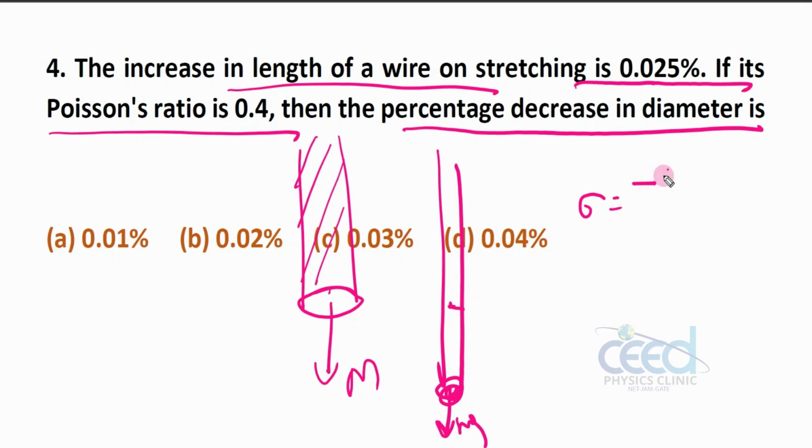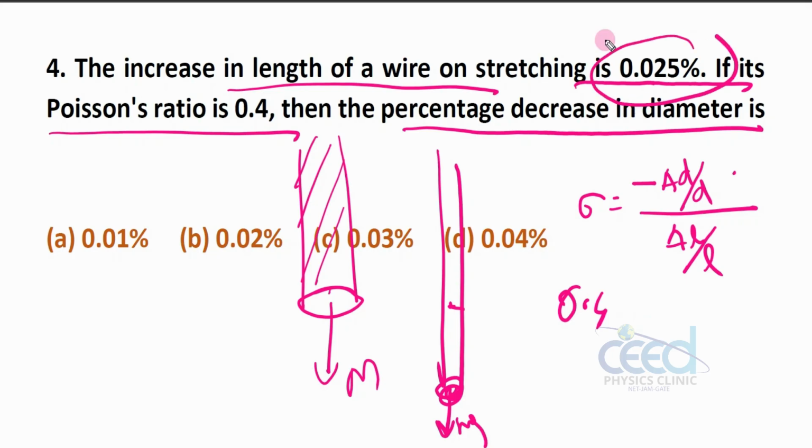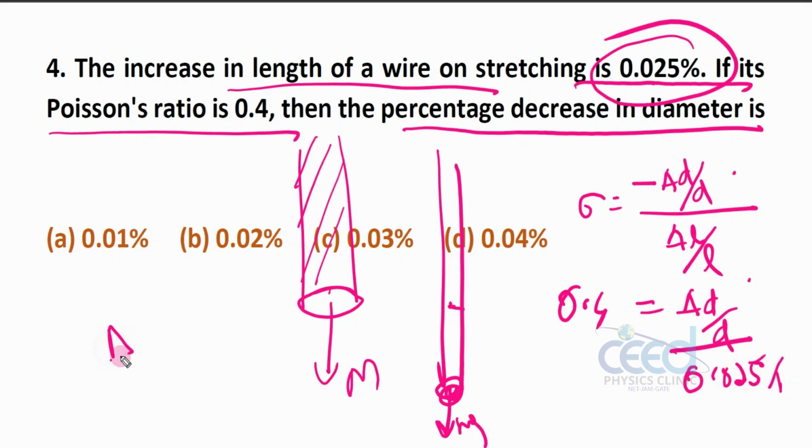That decrease in diameter divided by the diameter is the lateral strain. Lateral strain means the strain of diameter. Now the longitudinal strain, that is the Poisson ratio. The Poisson ratio they have given is 0.4. The length increases by stretching by this many percent. So delta d by d is equal to 0.4 into 0.025 percent.